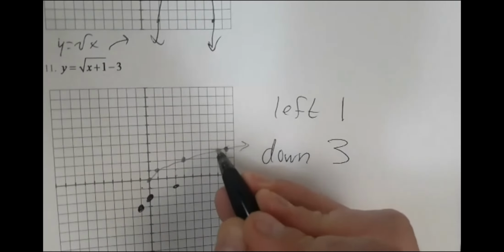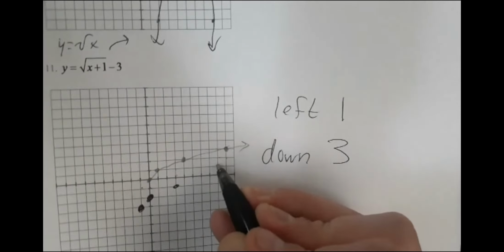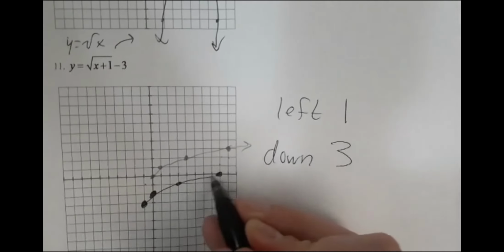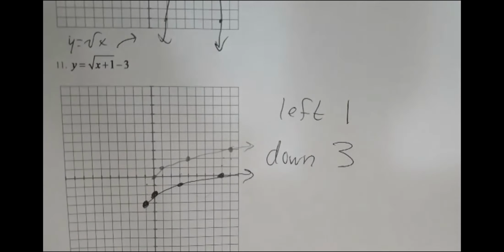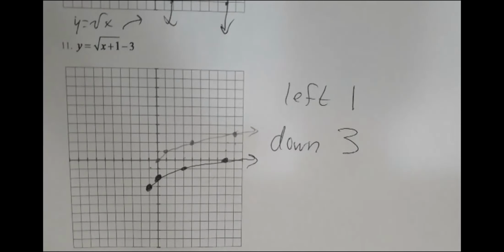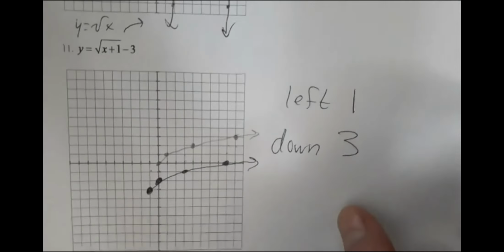And this one left 1 and down 1, 2, 3. And this one left 1 and down 1, 2, 3. So my new function should look like that. So it went left 1 and it went down 3. And again, if you want to use technology to check that you're getting these correct, that's a good thing to do.